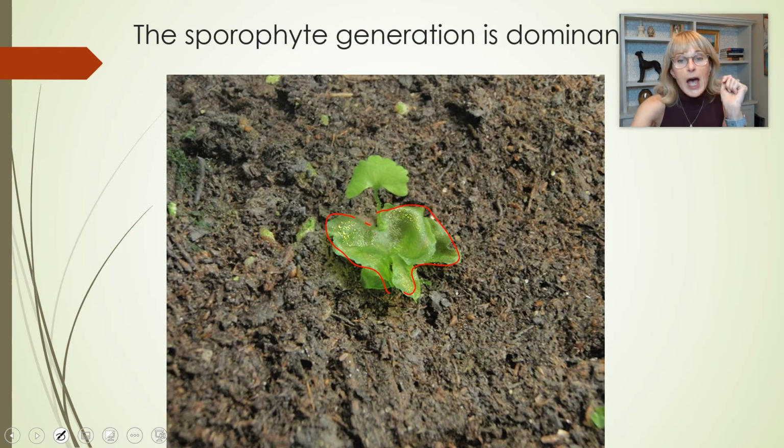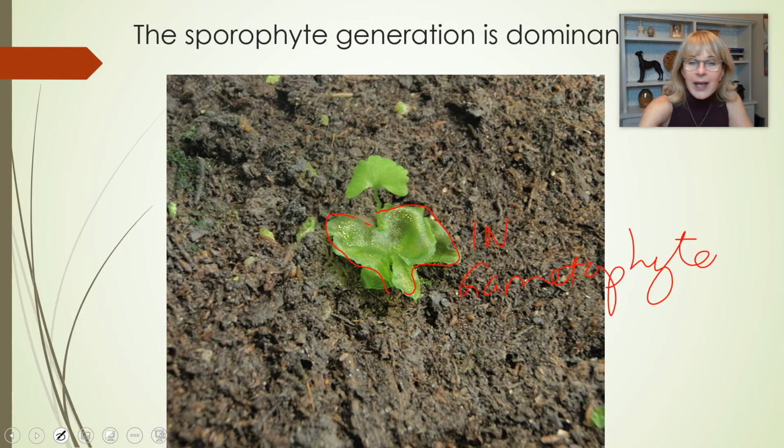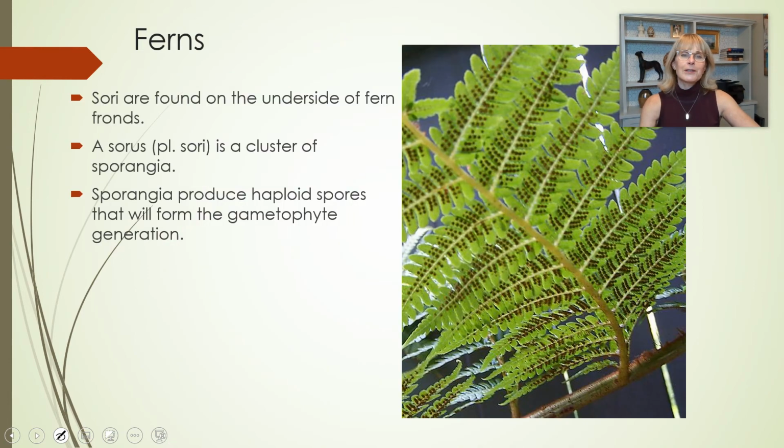That is the haploid, the 1N gametophyte generation, and it at some point made eggs and the sperm swam to the eggs in a droplet of water, and now this is the beginning of our sporophyte generation, 2N sporophyte, and it will grow up to become a fern. So the ferns you buy in the grocery store or wherever you buy your ferns, that is a diploid organism.